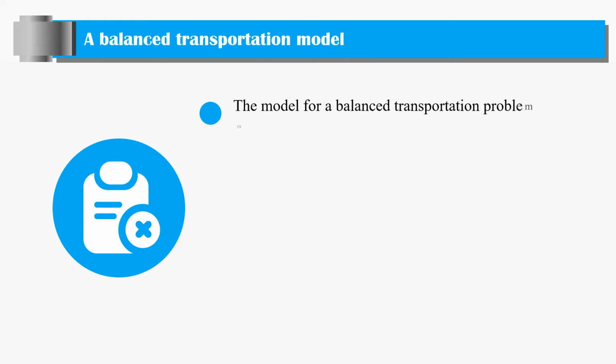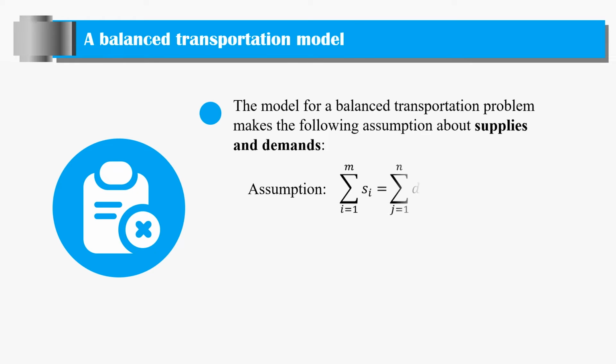For a transportation problem, let's first focus on a balanced transportation problem, which has the assumption that sigma Si equals sigma Dj.